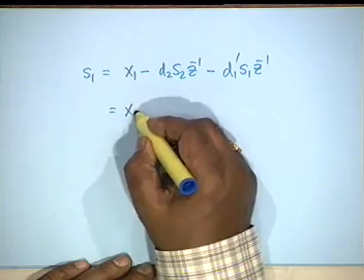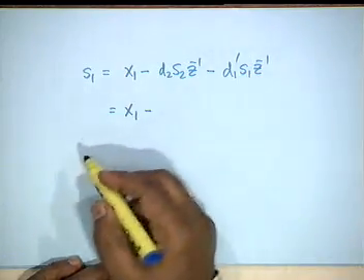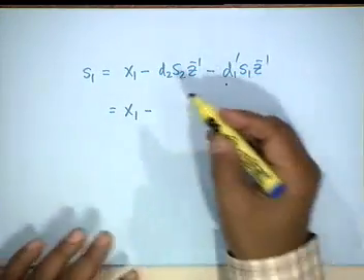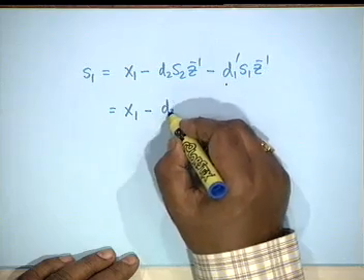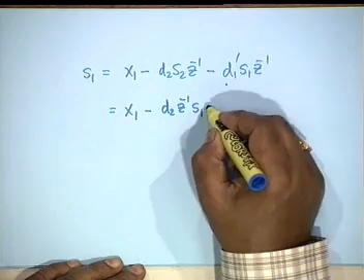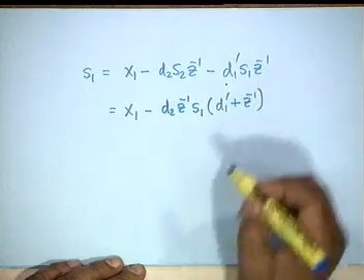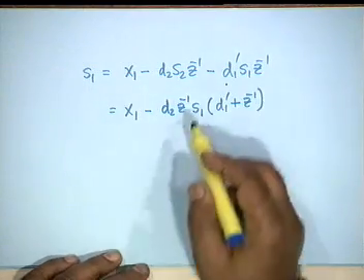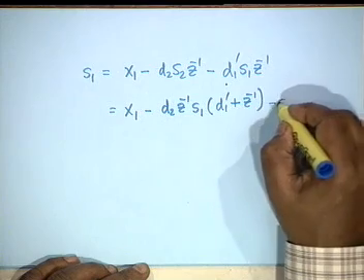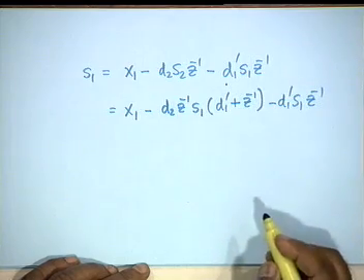Therefore, I can write this as X1 minus, well, this term, let me write it down first, D2 Z inverse S1 multiplied by D1 prime plus Z inverse. Agreed? I have substituted for S2, minus D1 prime S1 Z inverse.